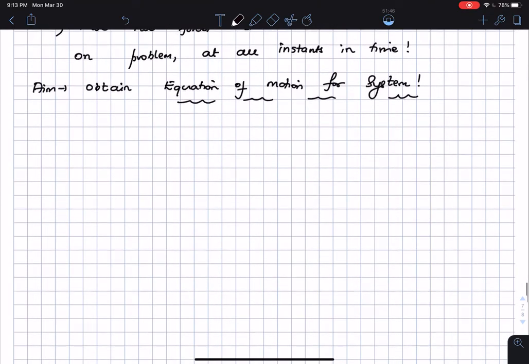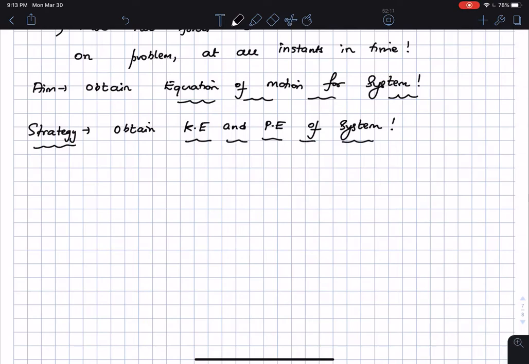Okay, so the first step is we will obtain the kinetic energy and the potential energy, then we will look at the non-conservative forces. So our strategy: obtain the kinetic energy and the potential energy of the system. Which means that the kinetic energy of the system, which is T, is T of the cart plus T of the pendulum.